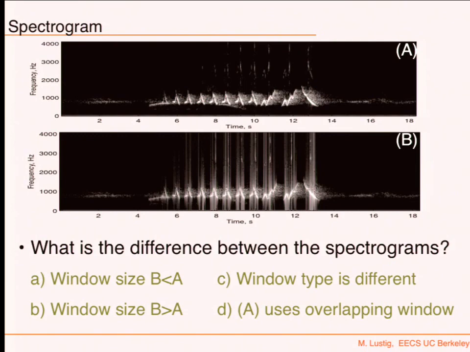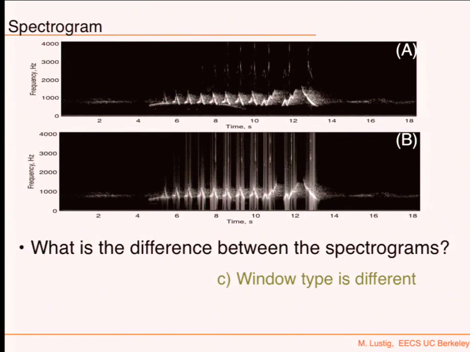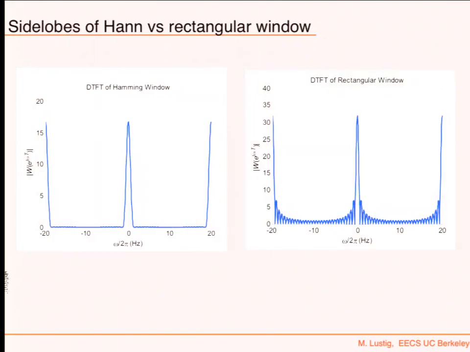Yeah, the window type is different. In one case we use a rectangular window, so whenever you have a sharp edge there are lots of side lobes, and this one used a different window. One of them was Hamming and one was rectangular. So you get all the spectral leakage when you have really sharp changes in the sound.